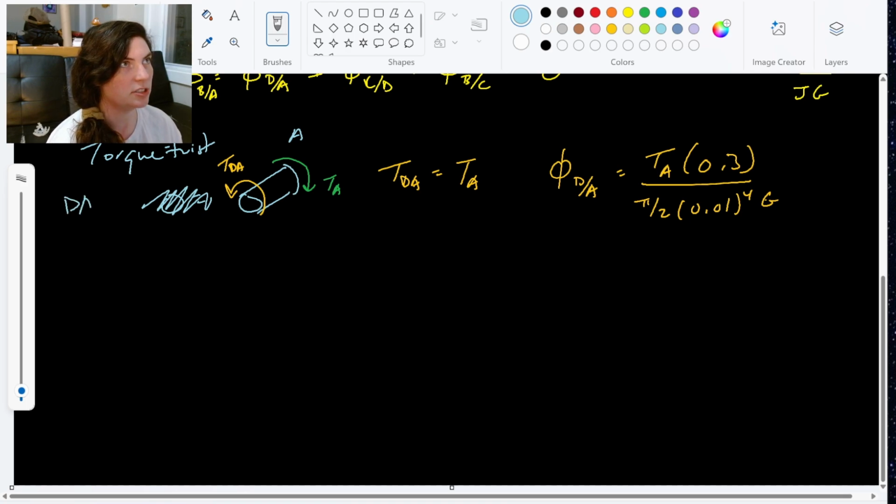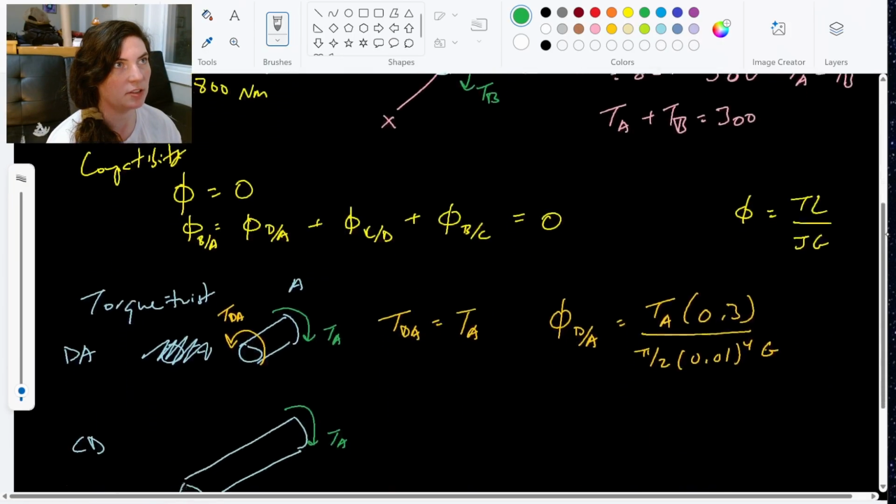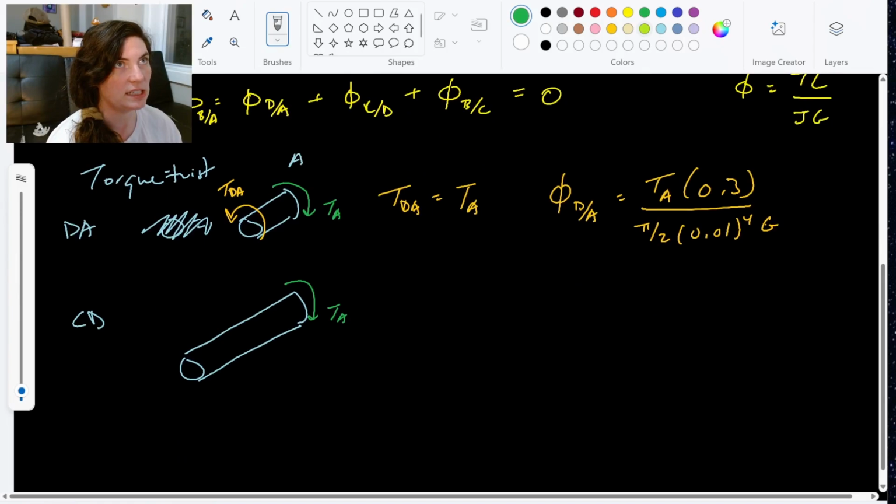All right, so that was section DA. Now we'll look at section CD. We're looking at everything up until C. So this includes the torque at A, and it also includes this 500 Newton meter applied torque that we have at D. So that's this one here.